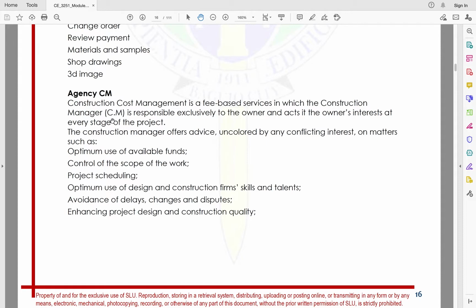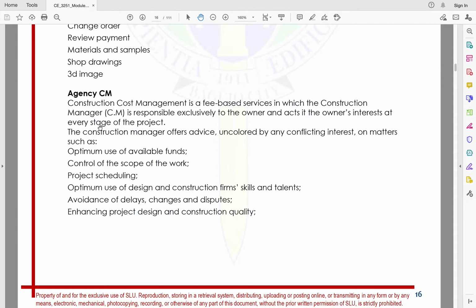Because take note, yung client mo, if it is a residential, si client mo walang knowledge sa construction side. If it is a commercial structure, si client mo is just interested on the business side, or the economic side. So it is your job to walk through your client on the process of the engineering side.